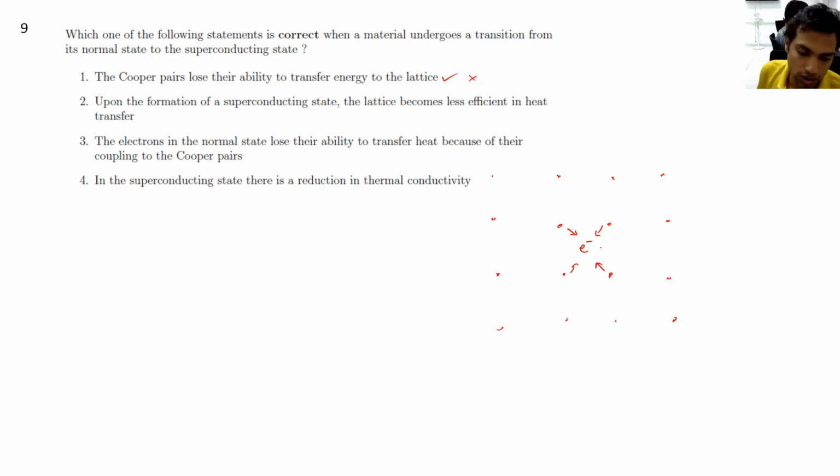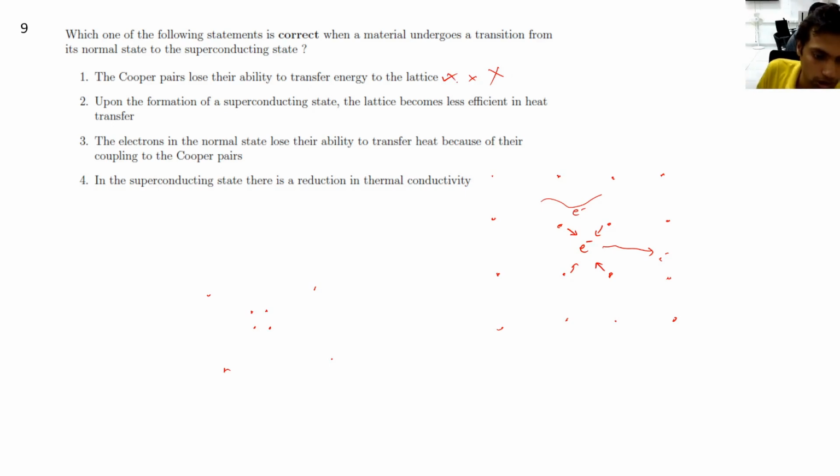In that local positive charge, the other moving electron will come and get attracted. The electron which went away can again create a similar effect and transfer its energy to the lattice. So the statement that the Cooper pairs lose their ability to transfer energy to the lattice is wrong. This is false.